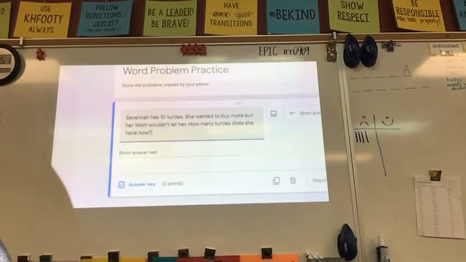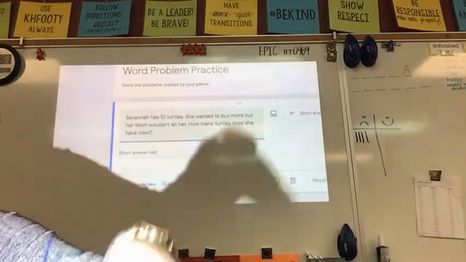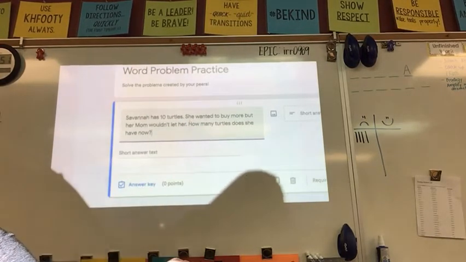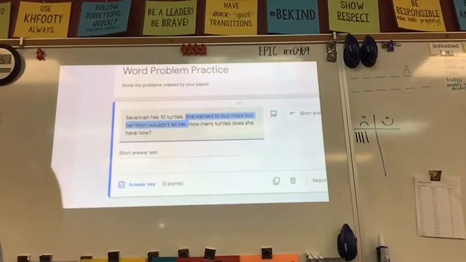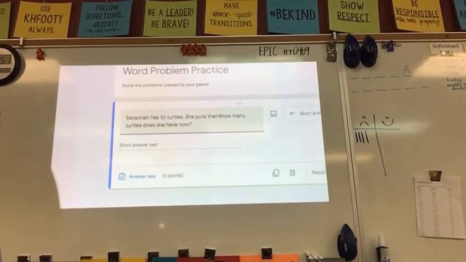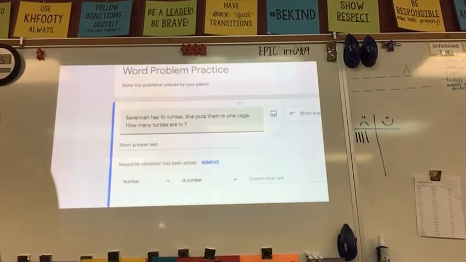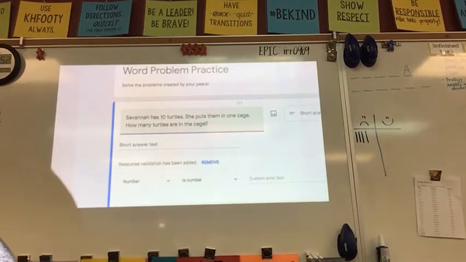If you've got a total of 10 turtles, it would be 10 divided by 0. Yes, you can't divide by 0. That's impossible. But could you somehow group your turtles? What might you group turtles into? Cages. How many cages do you want to put them in, Savannah? 1. And then how many turtles are in each cage? Okay, that works.